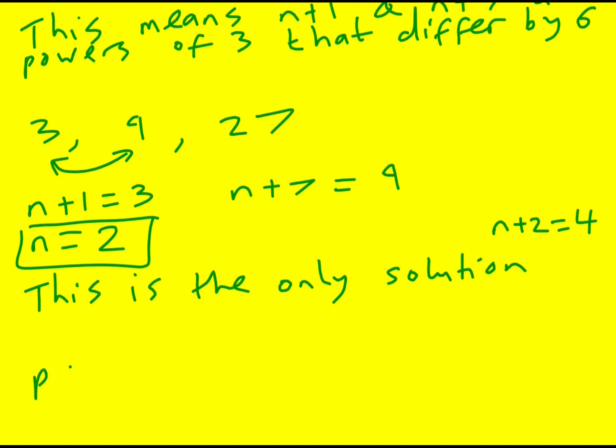And let's just check. So P of n squared plus 2n plus 1 will equal P of 4 plus 4 plus 1, 9. And that's just 3.